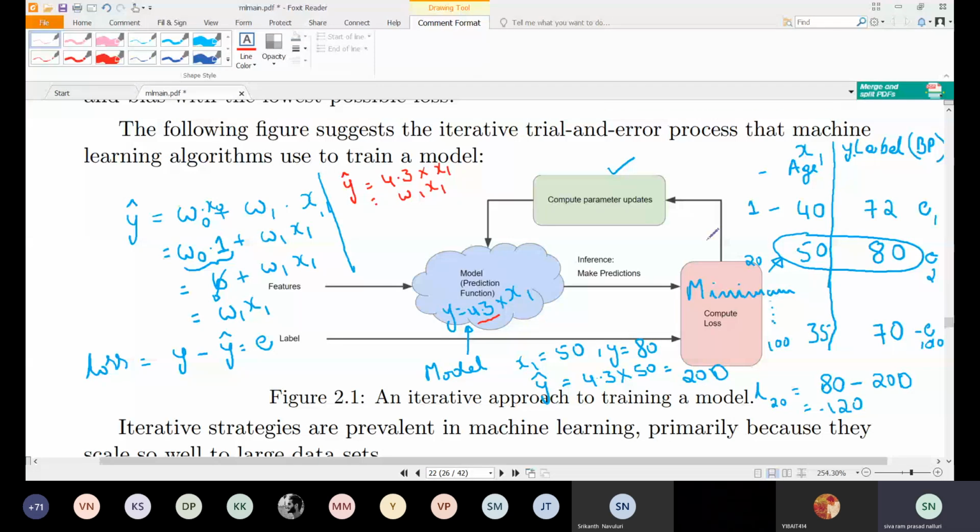So after calculating the loss, this is more important here, we use an optimization technique to update the values of weights.